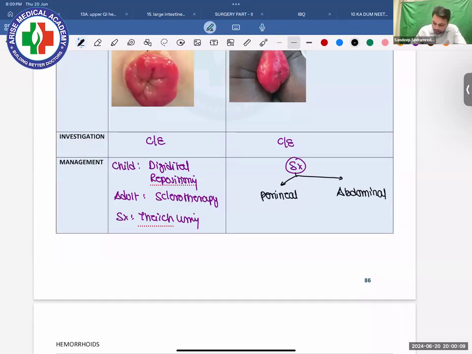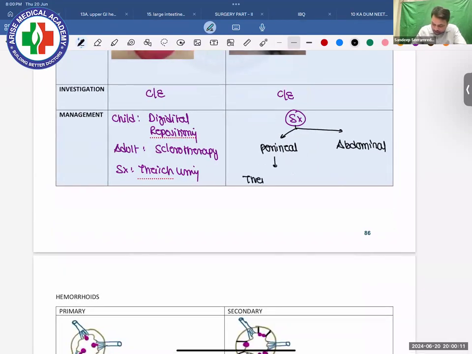Now, in a perineal approach, you have Thiersch wiring, Delorme's procedure, as well as Altemeier.